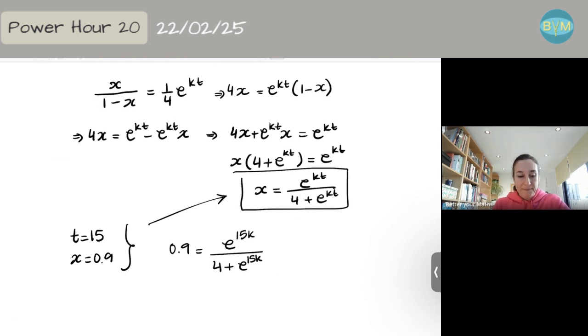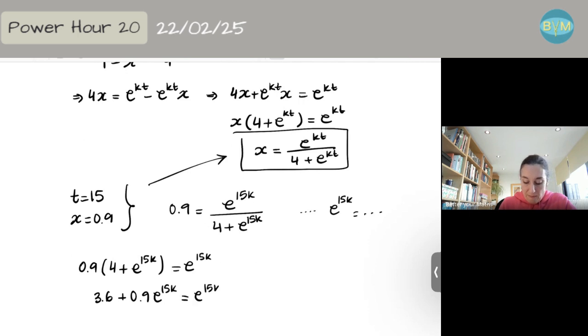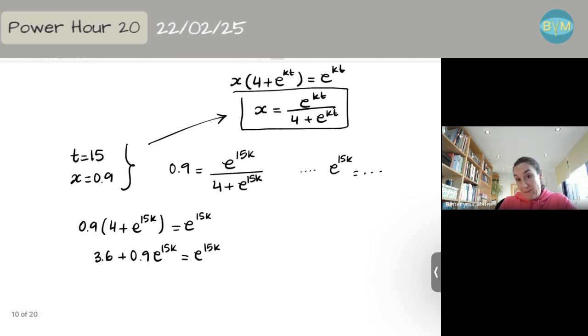How am I going to find k? I'm going to reorganize my equation until I have e^(15k) equal to something, so I can take logs. So I'm going to multiply 0.9 times the brackets, expand the brackets, bring all the e's together and everything else on the other side.